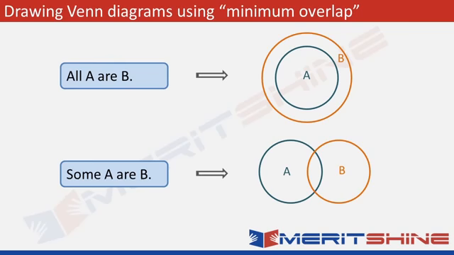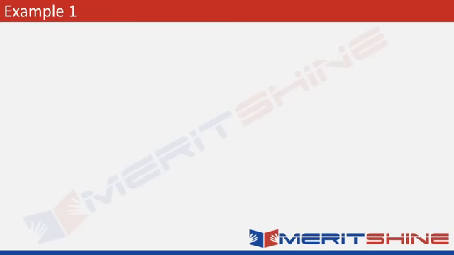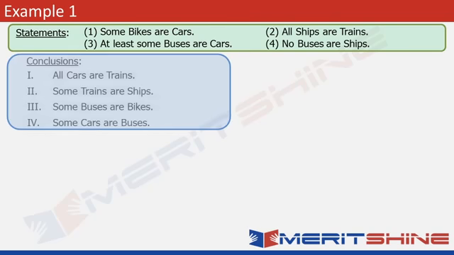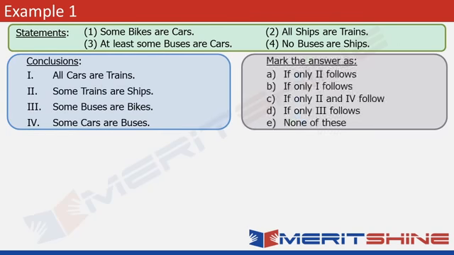Now we'll take an example and I'll show you how we attempt questions quickly using these minimum overlap diagrams. Look at this. Four statements, four conclusions, and the answer options. So that's the question. Let's now make the Venn diagram using the statements. 1. Some bikes are cars. So let's draw bikes first. If this is bikes, how do we draw cars?